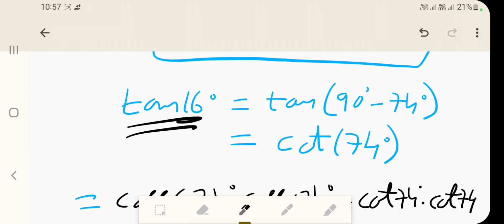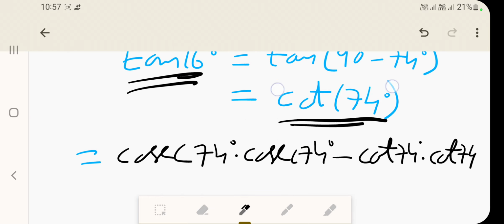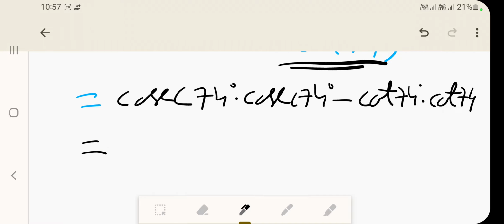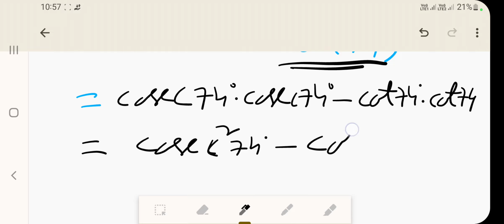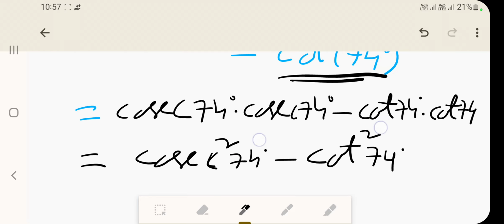Here tan 16 is equal to cot 74. So cosecant 74 into cosecant 74 we get cosecant square 74, minus cot 74 into cot 74 we get cot square 74 degrees.